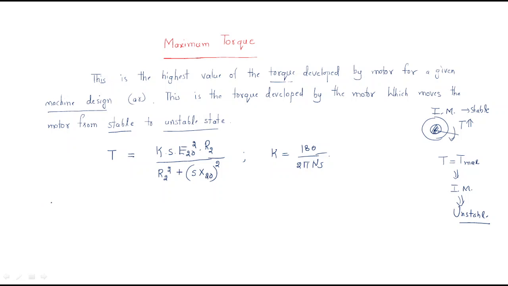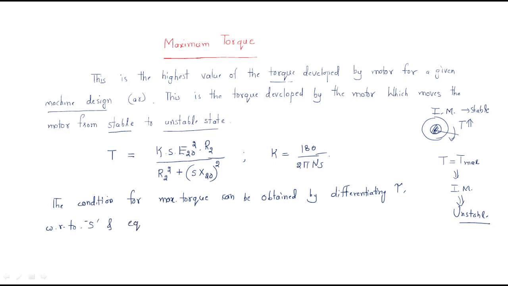So the condition for maximum torque can be obtained by differentiating this equation, differentiating torque with respect to S and equating to 0, that means d torque by ds is equal to 0.